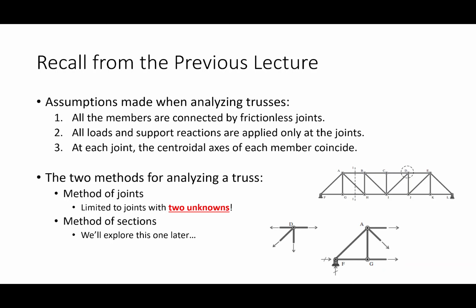We assume that all of the loads are applied directly at the joints, including the support reactions. And we fabricate trusses such that the centroidal axes, the neutral axes of all the members, all coincide at the intersection where the joint is. Those assumptions essentially mean that truss members carry only axial force. That's what those assumptions are gearing towards. So we are basically assessing whether or not a member has tension or compression.